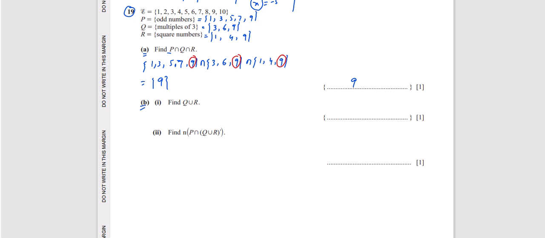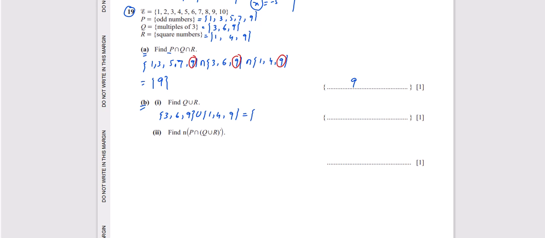And now part B, question number 1. Q union R. First set is Q. Q is the multiples of 3, that is 3, 6 and 9. Union R. The set of R is 1, 4 and 9.